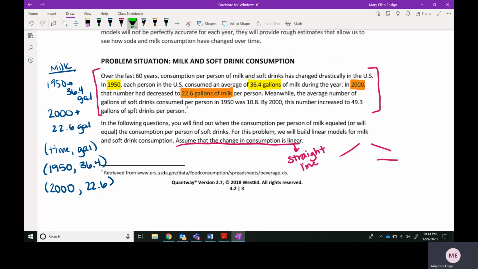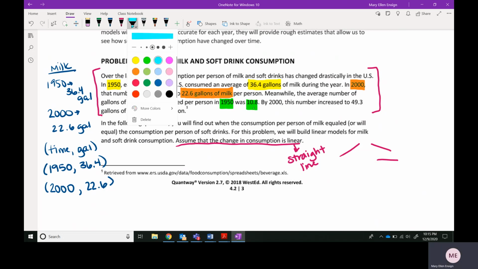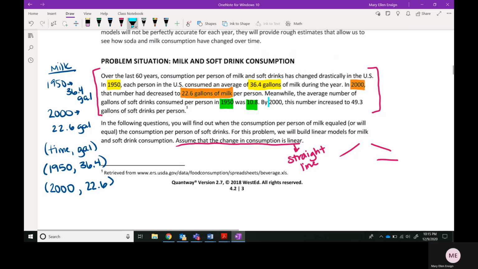Okay, so the average number of gallons of soft drinks consumed per person in 1950 was 10.8. By 2000, this number had increased to 49.3 gallons of soft drinks per person, right? It's the average. Okay, so let's look at this information.